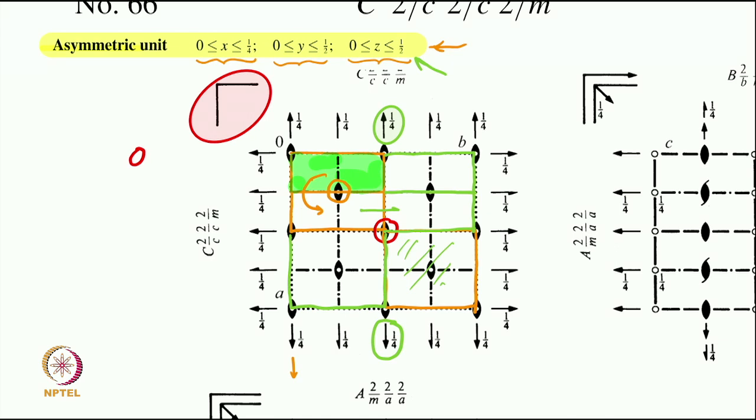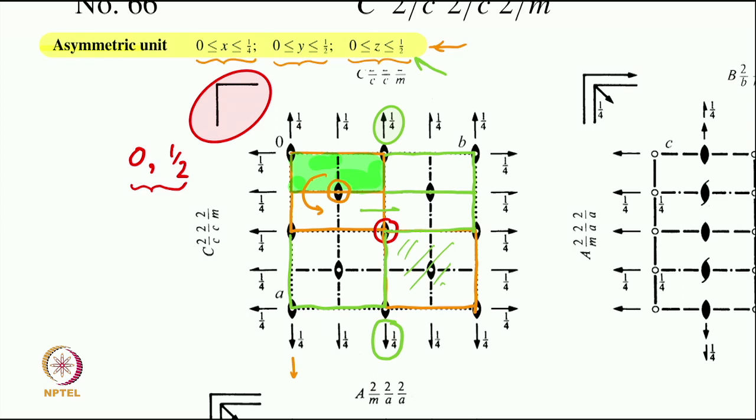So, this mirror which is at 0 will also be repeated at half. This information is not explicitly given in the table, but it is expected that the reader knows it. So, if we have a mirror at 0 height, we also have a mirror at half height.